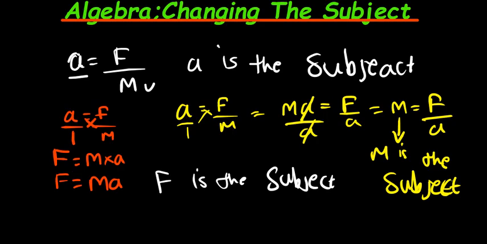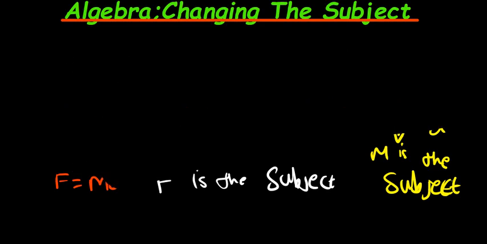Now, what if you have been given d = (p + y) over 5y? How do we make y the subject?